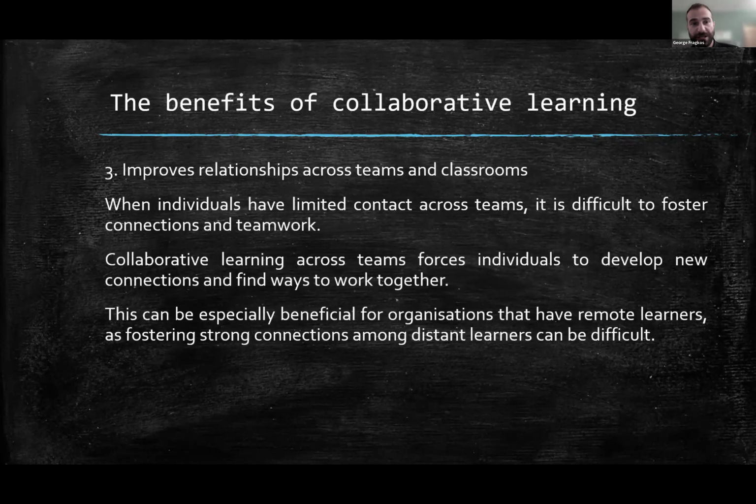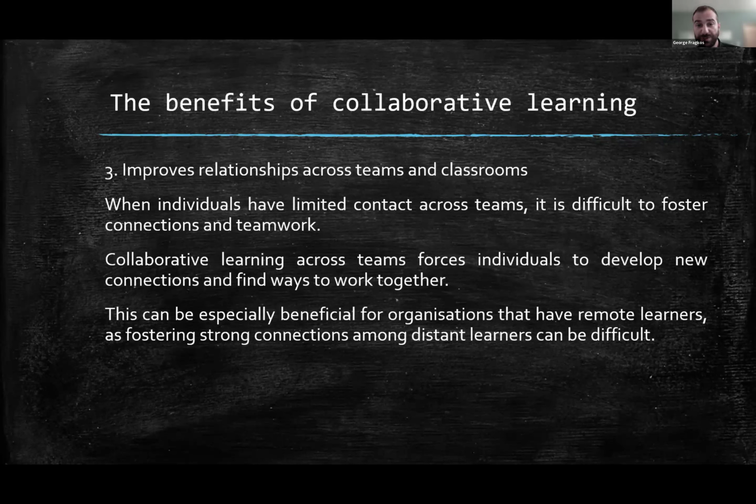Also, third, very, very important, that it improves relationships across teams and classrooms. Especially, as you saw before, when individuals have limited contact across teams, it's difficult to create connections and teamwork.